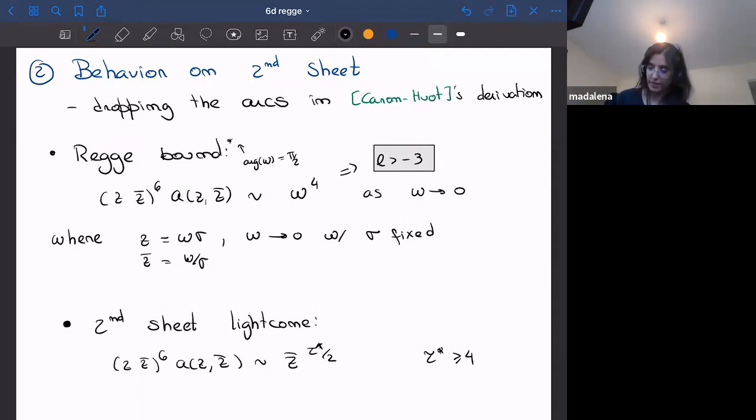And the other region we need to worry about is the second sheet light cone, where I think we can only rigorously bound it like so. And this would only mean L bigger than -1.